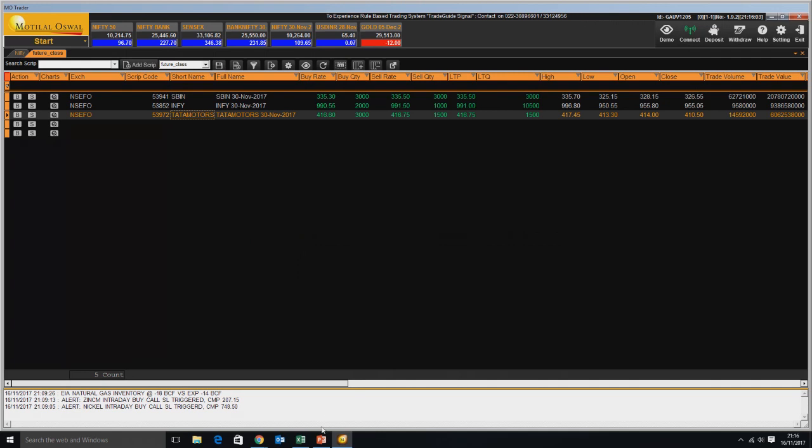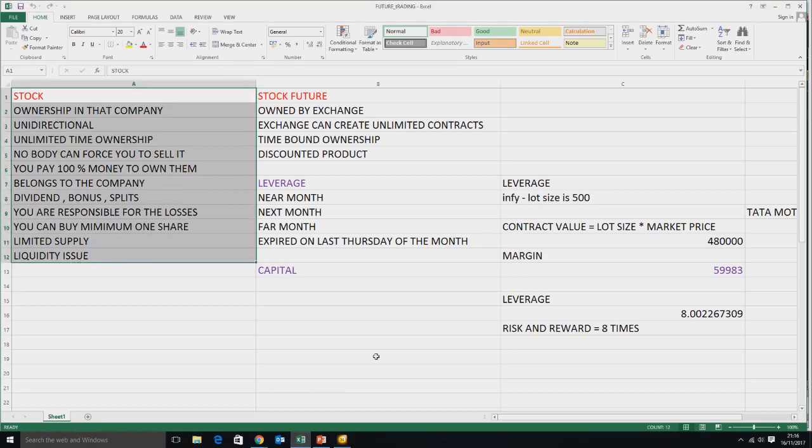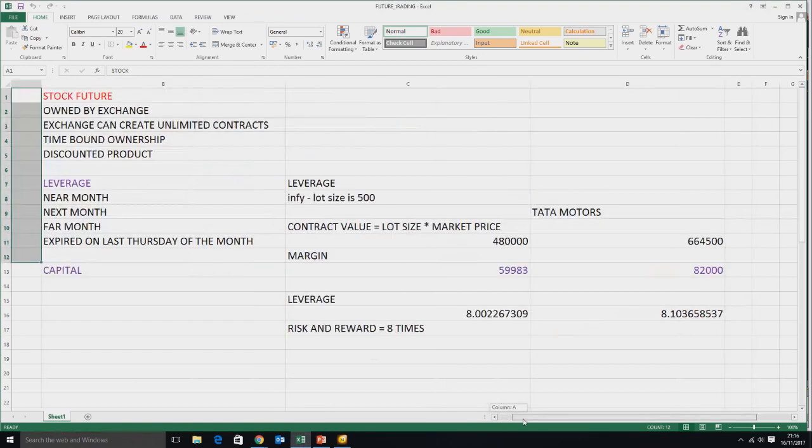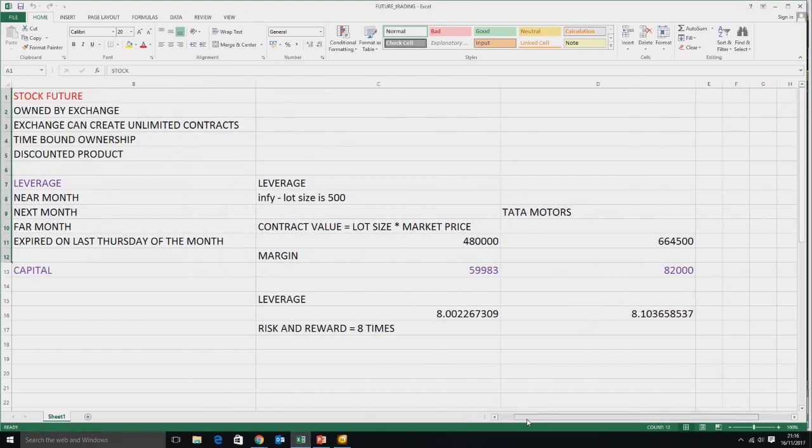Now, what is leverage actually? Let's see with different examples here. Infosys, Tata Motors, these are all examples which I have discussed in the class, but a few people haven't seen my screen, so I'm discussing it again.